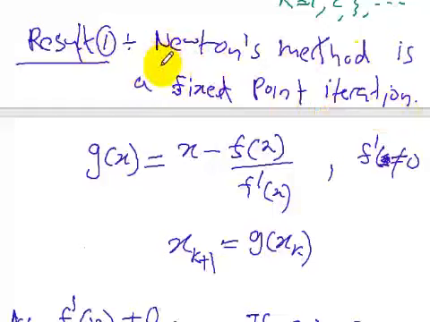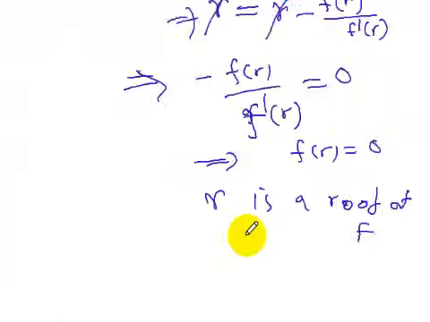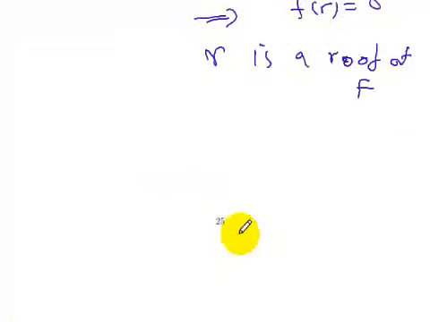Now we are going to show Newton's method is the optimal fixed point iteration, the best one, right? So recalling the error analysis for fixed point iteration, we know that the convergence of fixed point iteration depends on g prime. Do you remember?